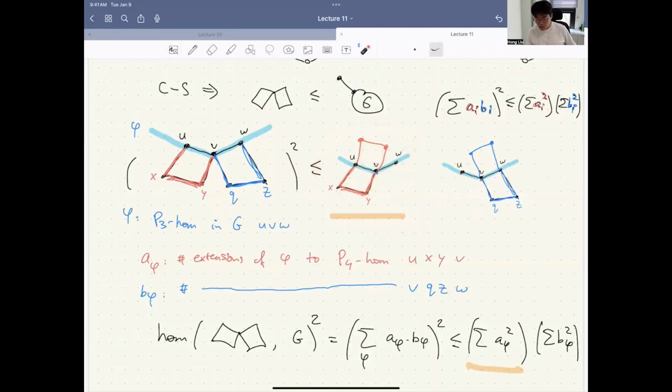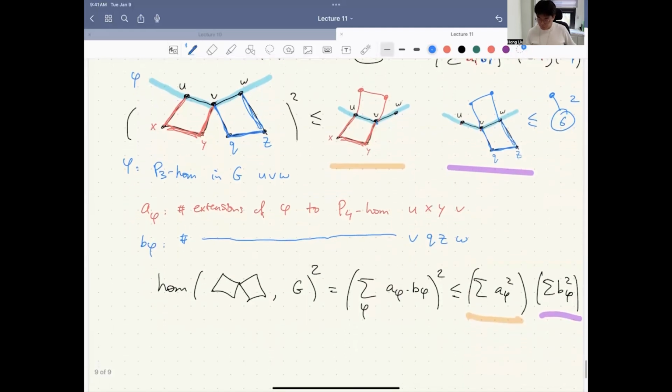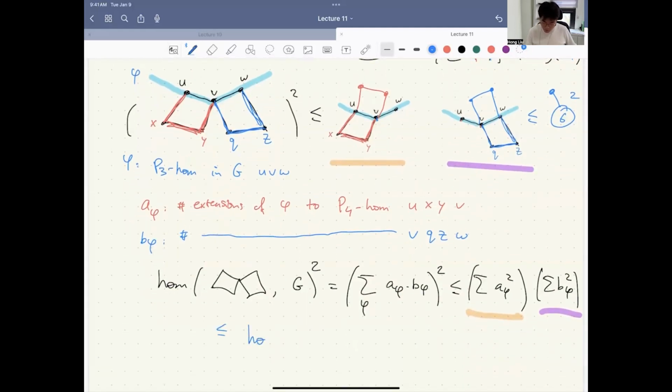So what I just showed is that the right-hand side is at most the number of homomorphisms of C6 with a pendant edge in G, squared. There's actually some labeling issue, so there's some constant in front, but it's just a constant factor.